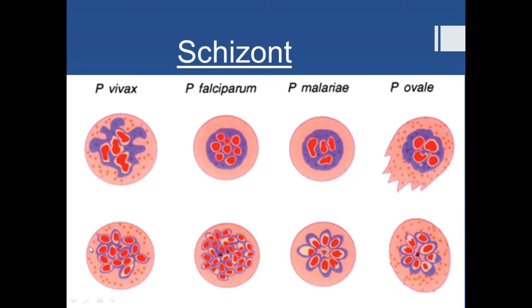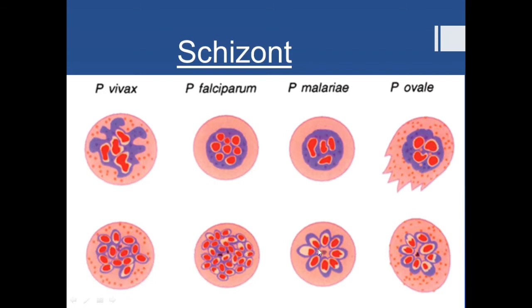The second row is showing the mature schizont, whereas the upper row is showing the developing schizont. First the nucleus divides, and you can see the different fragments of the nucleus, and then they are surrounded by the cytoplasm. We have studied the bluish cytoplasm of the Plasmodium. So the nucleus is then surrounded by the cytoplasm, and after that, what happens? So these are your various types of schizont.